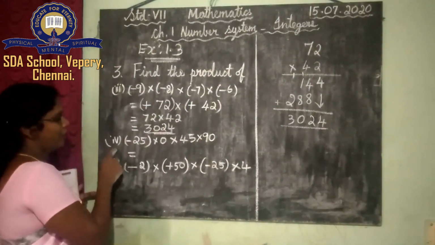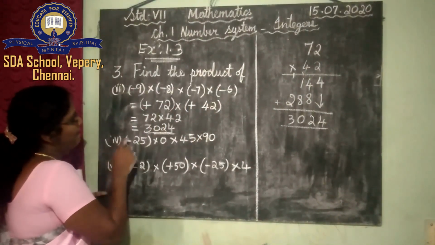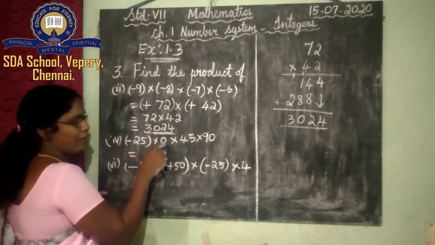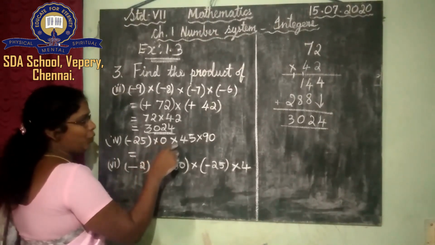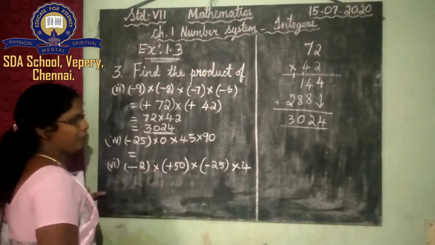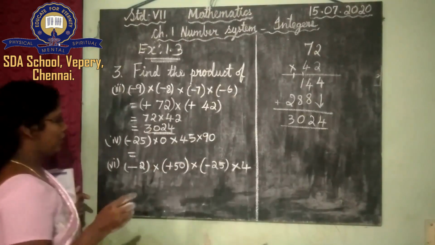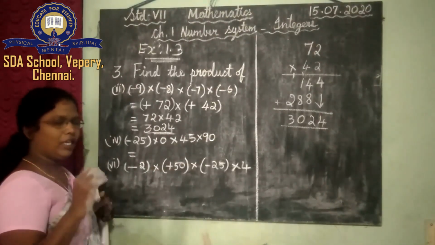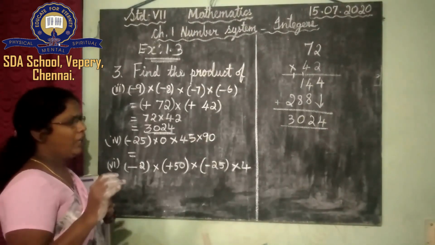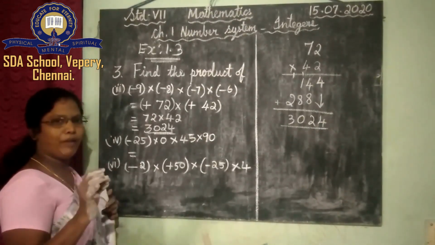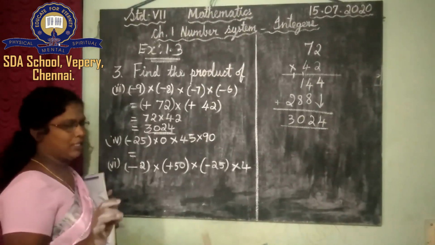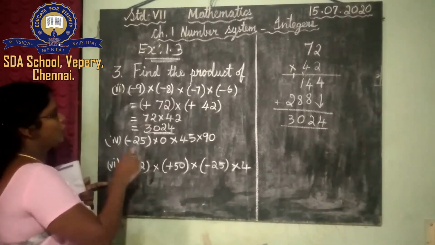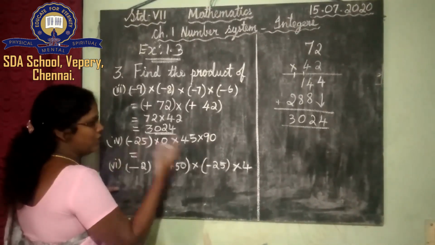Okay, fourth one. Fourth one you see, minus 25 multiplied by 0 into 45 into 90. Always you think one thing. Whenever any number, it may be big or smaller, any digit, when it is multiplied by 0, the answer is 0. So minus 25 into 0 is 0.